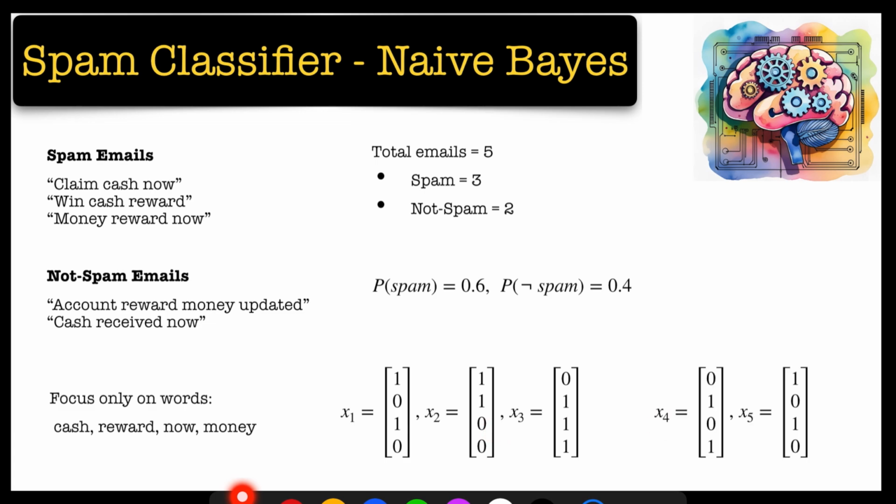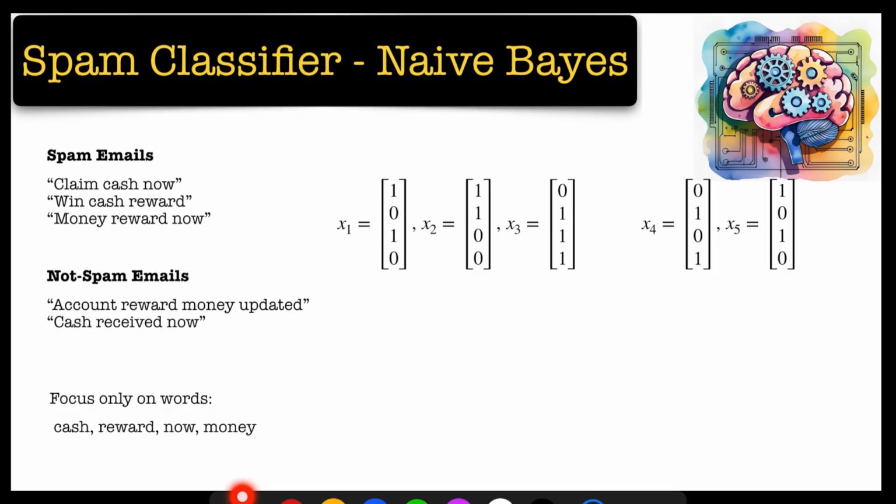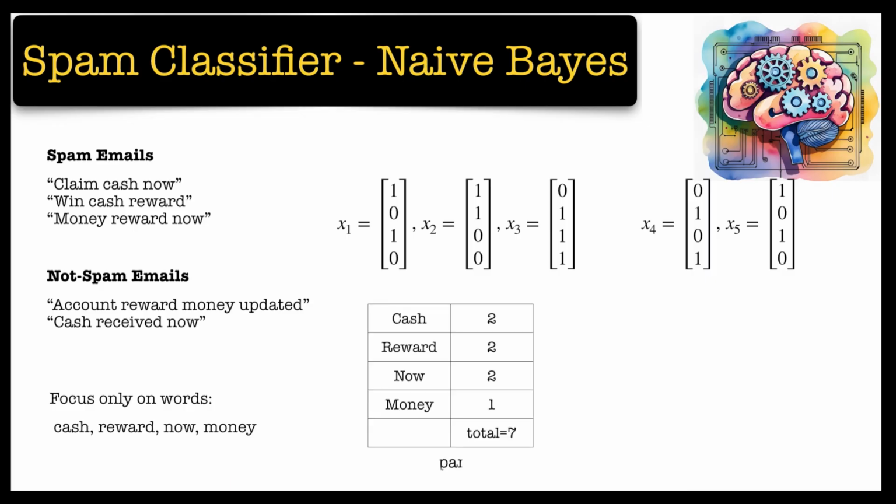These are number vectors. For the not spam emails also, I have converted them into vectors. Now, also let's sum this up. This is for spam: how many times did these vocabulary words occur in the whole spam class? These three are for spam. So cash is 1 plus 1, only 2. Reward 1 plus 1, 2.